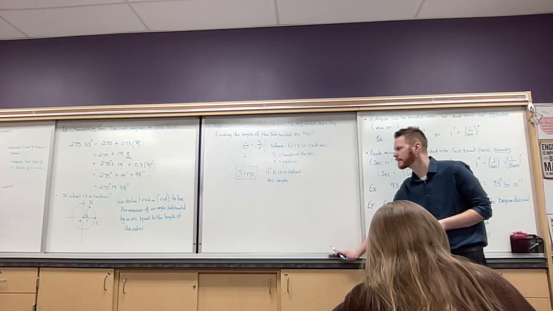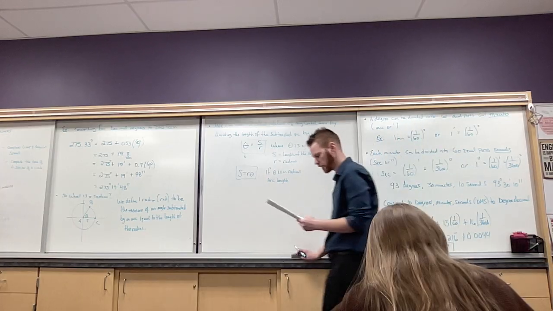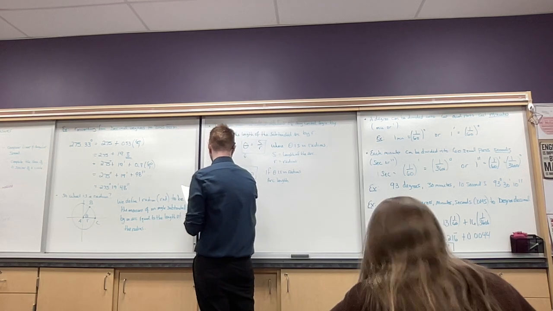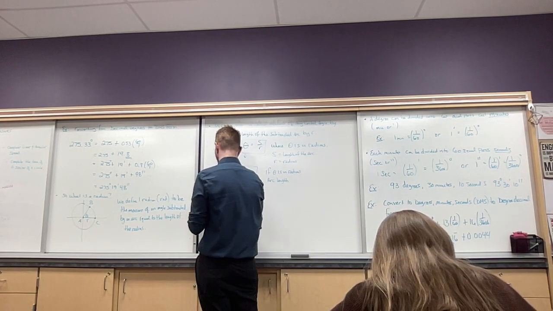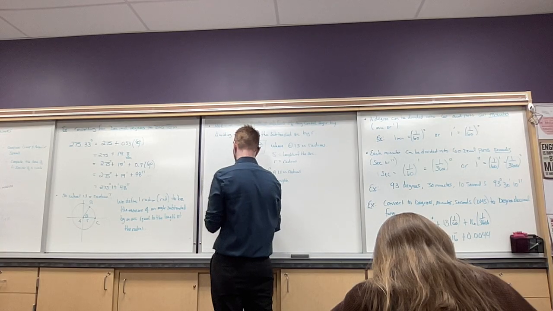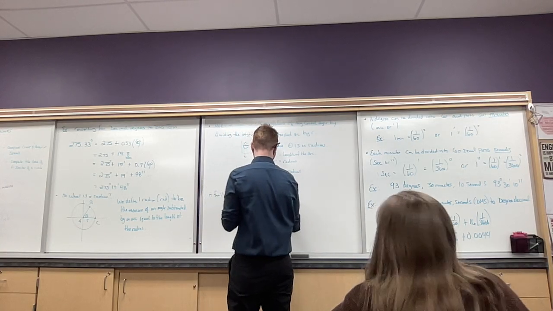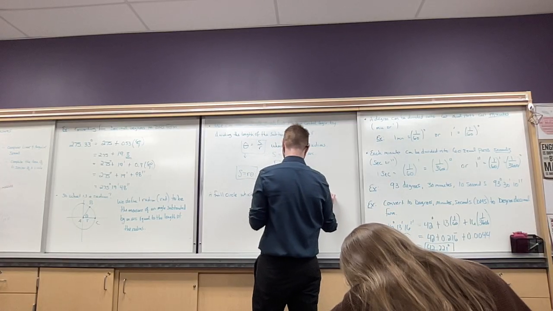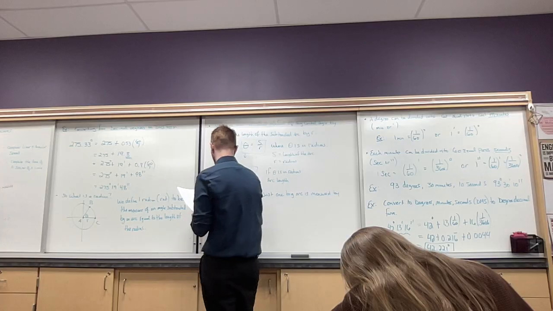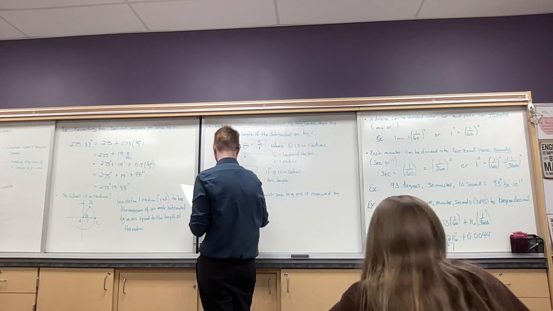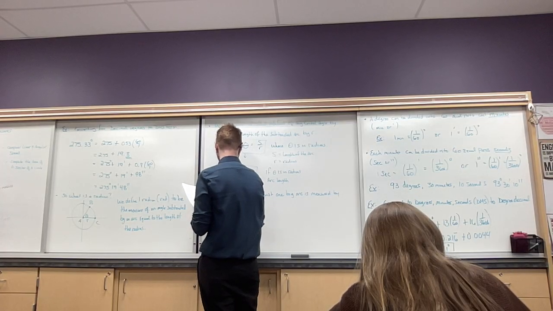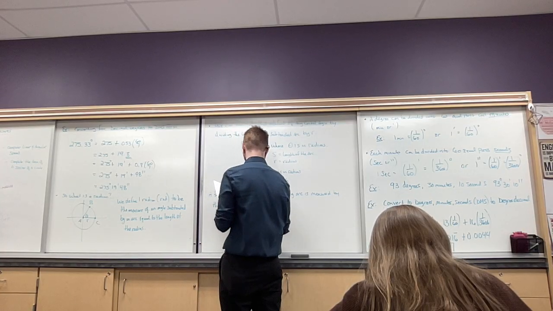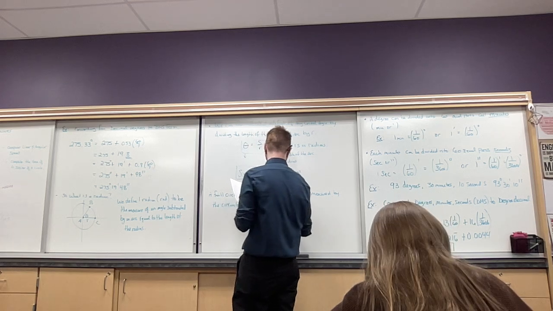Let's break that down a little bit more. So a full circle, which is just one big arc, is measured by the circumference, which is 2 pi r.